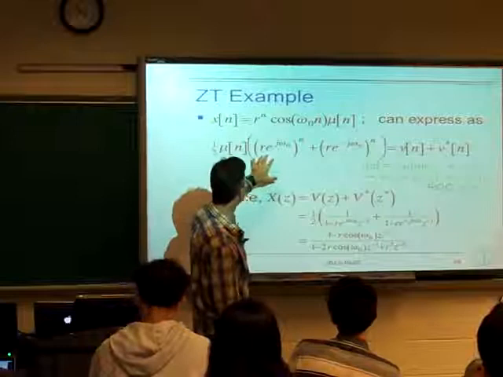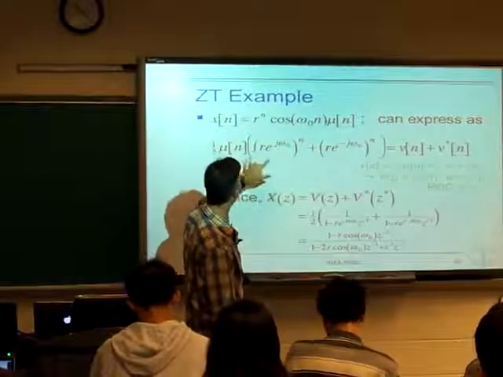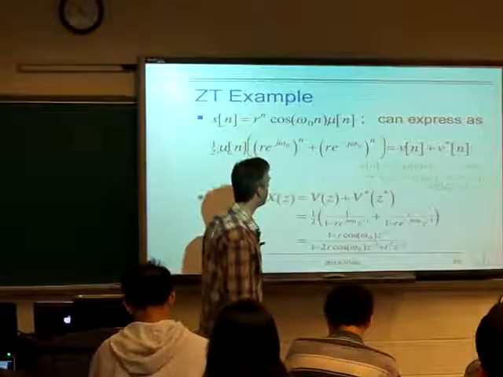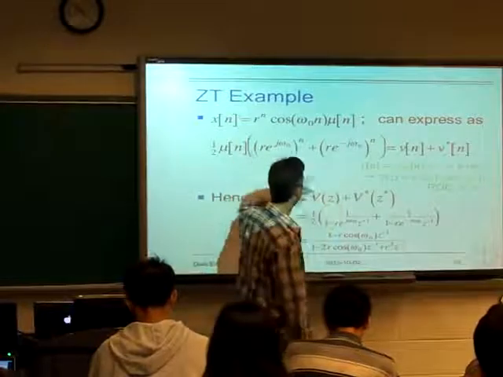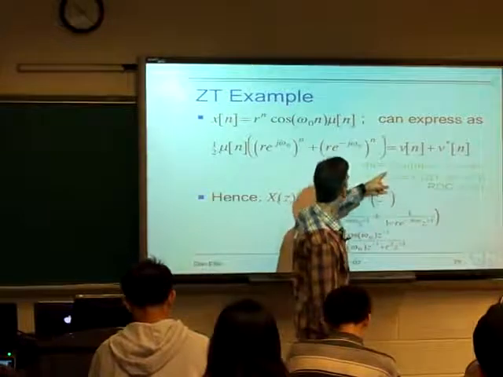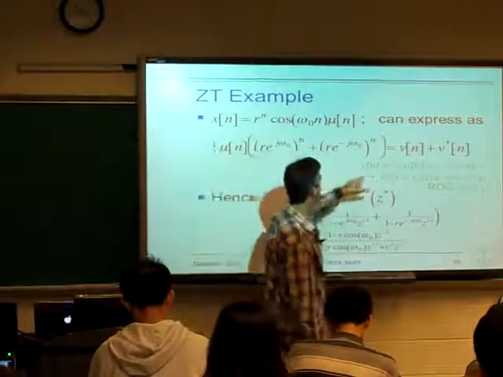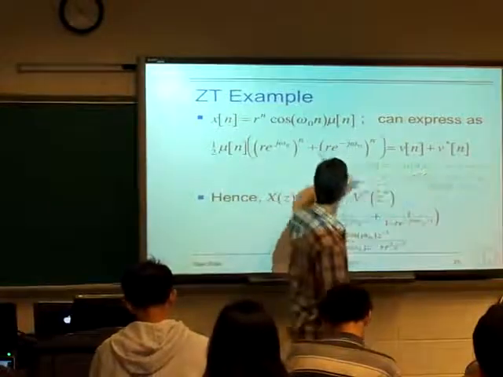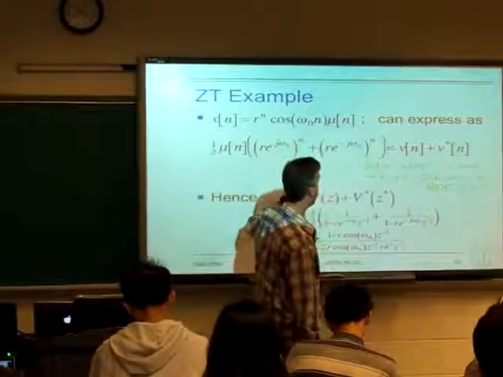Now we notice we've got basically some envelope times two conjugate parts. So we can express this thing as v of n plus v conjugate of n, where v of n is just one of these, half mu of n alpha to the n for alpha equal to r e to the j omega 0.